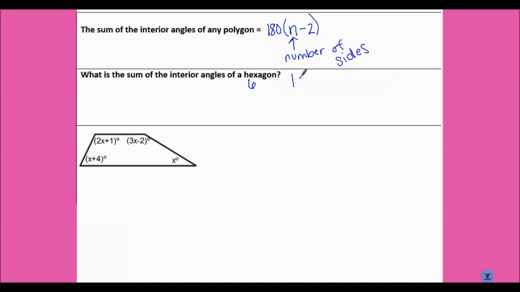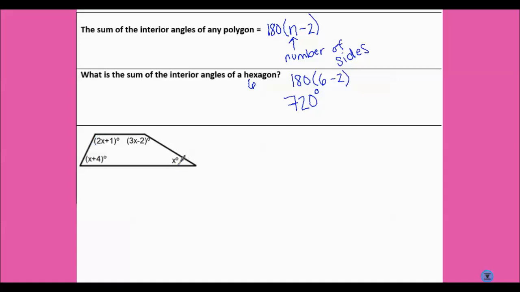So 180 times 6 minus 2. 6 minus 2 is 4. 4 times 180 gives us 720 degrees.